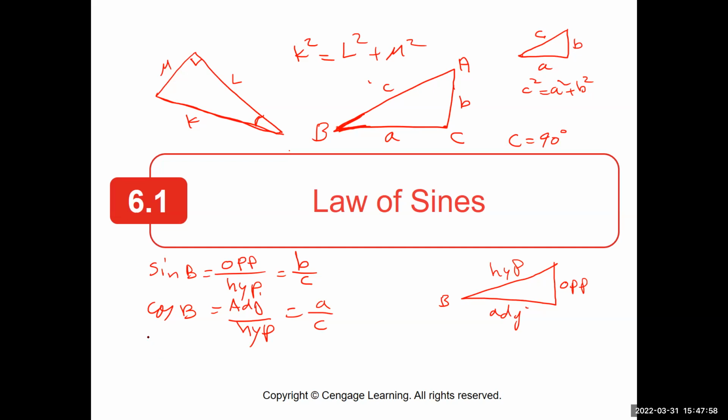Then tangent, we know what tangent is. Tangent of B is opposite over adjacent, or sine B over cosine B, and that equals b over a.